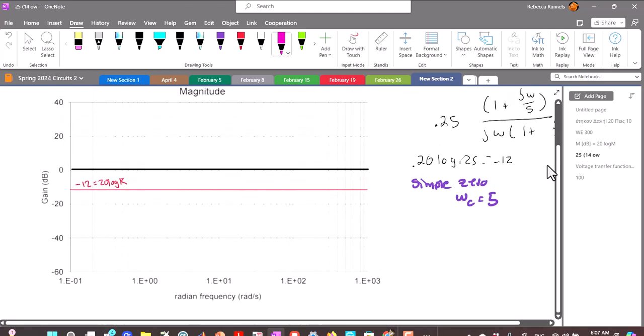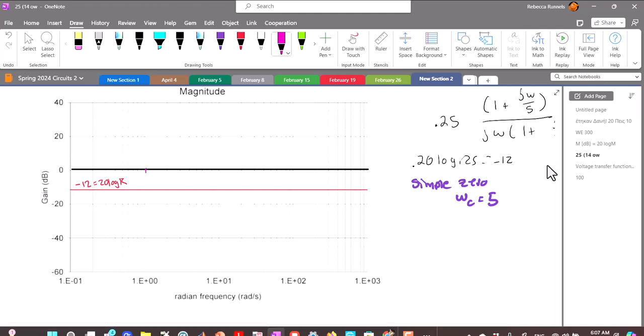So right here is 1, right here is 10, so 2, 3, 4, 5, so here's 5, and up till 5 it is 0, and then after that it is 20 decibels per decade.